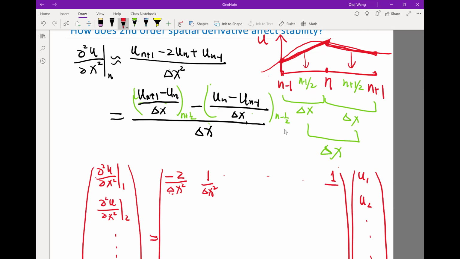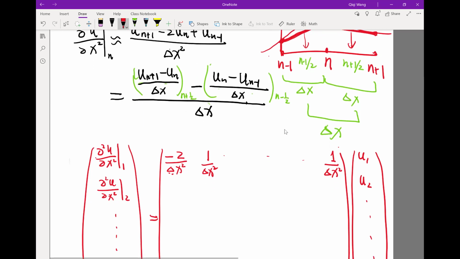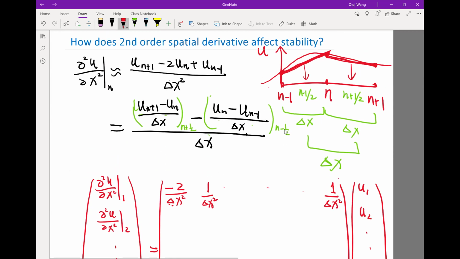This is an interesting point because when we derived the approximation for the first order derivative, we saw that in our matrix all the coefficients are divided by delta x. Now in our second order derivative matrix, all the entries are divided by delta x squared, right? So this actually has important consequences for its eigenvalues.